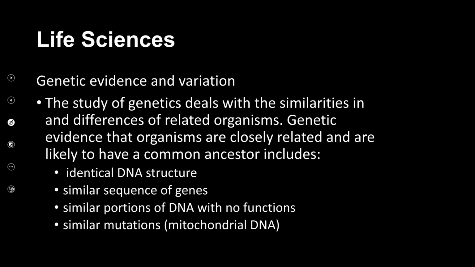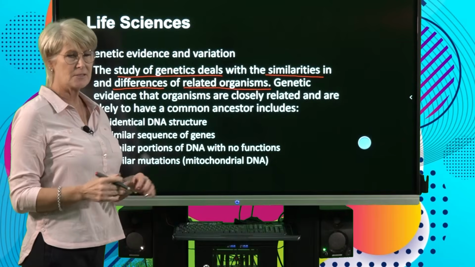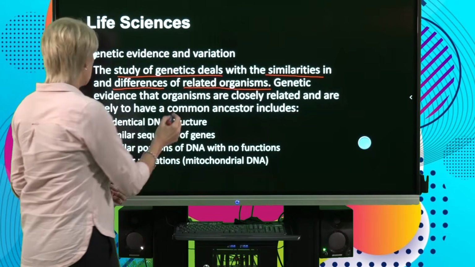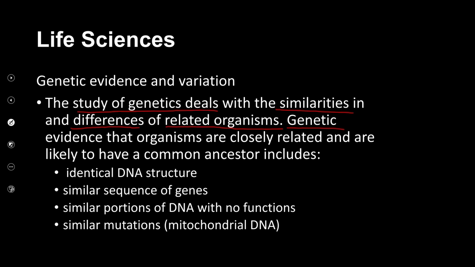The study of genetics deals with similarities and differences of related organisms. We will find that there are some characteristics that are similar, but then there are obviously also those characteristics that are different.